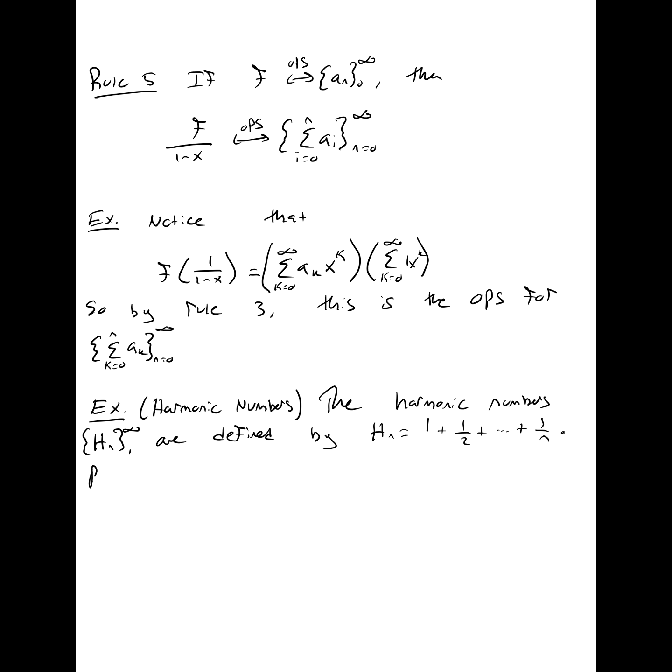So by Rule 5, we already see that each one of these terms is going to be a partial sum of the sequence 1 over n.